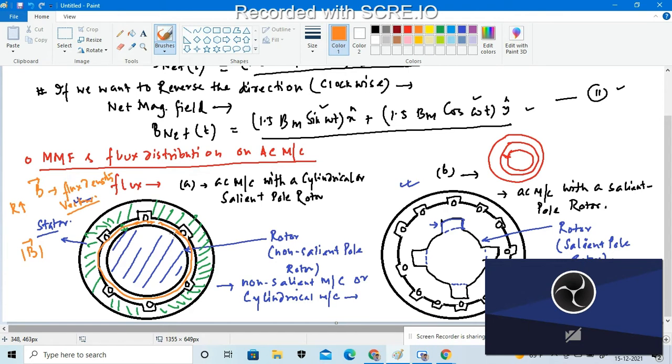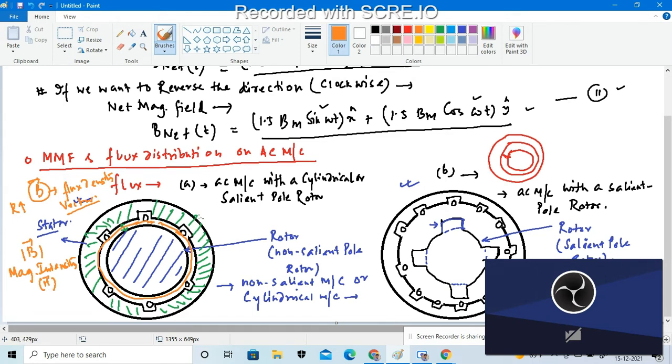So we have different quantities to measure whenever we consider the flux distribution of a non-salient pole machine, or the cylindrical machine. The flux density, which we consider as B, will vary sinusoidally only if the magnetizing intensity, which we consider as H, is also varying. Another quantity we consider is the magnetizing intensity, the H vector.